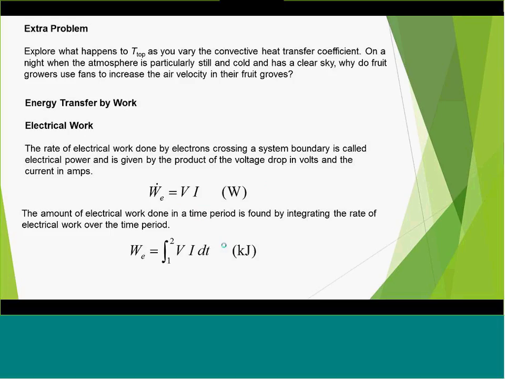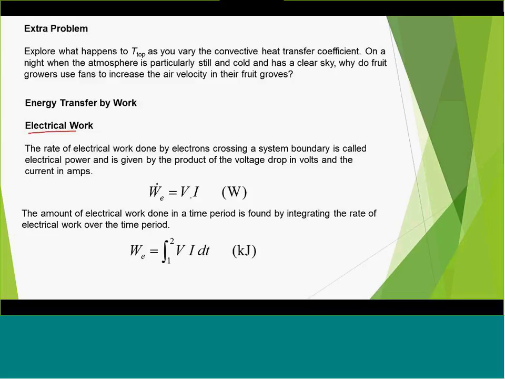Now, we're going to have an extra topic. For this part, I'm only going to let you know; we're not going deep on this, as it relates to energy transfer by work. For electric work, the rate of electrical work done by electrons crossing the boundary is called electrical power.